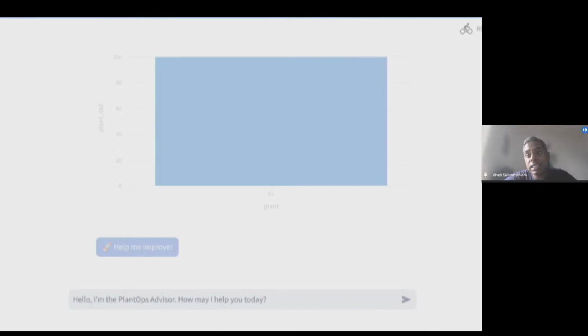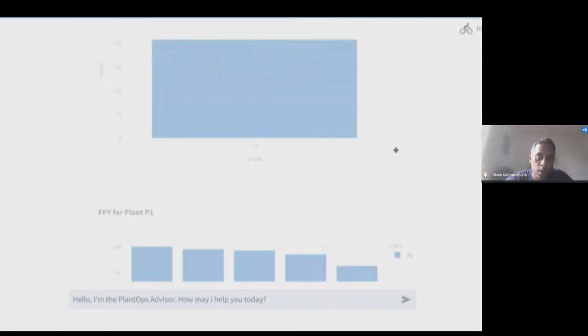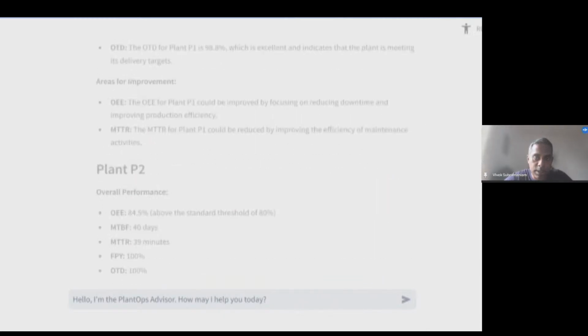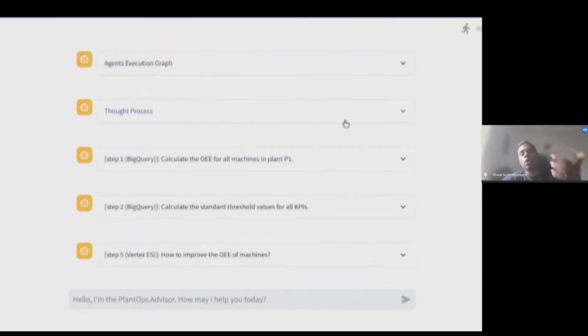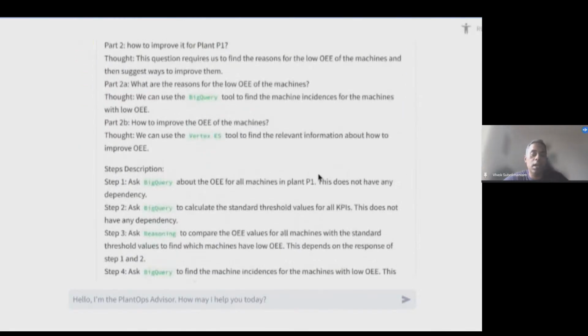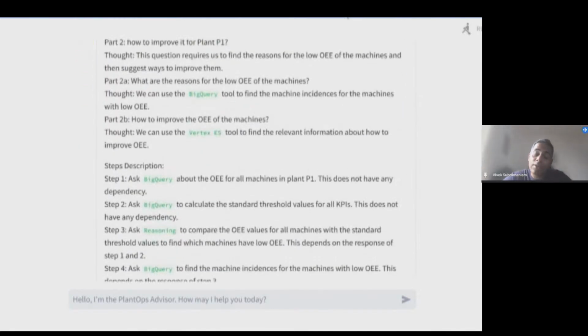The second thing is, once it identifies the machines, it needs to identify the poorest performing machines. Right? Let me just go up where you'll see the logic split up. Yeah, so this is the thought process. Then second, it needs to know what are the various machines that are under the particular plant. And from there, it needs to understand the poorest performing machines.